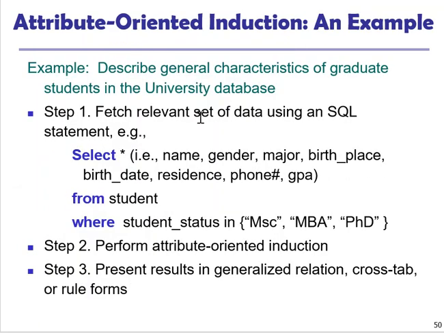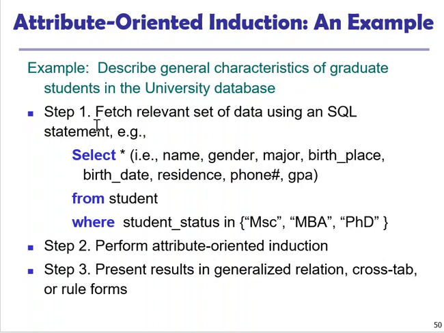Here is one example: in a university database, we can try to generalize some attributes to find the general characteristics of graduate students.